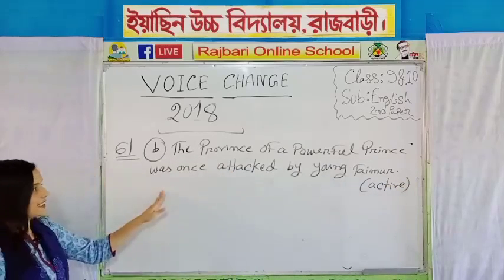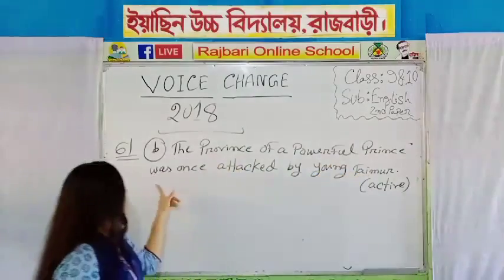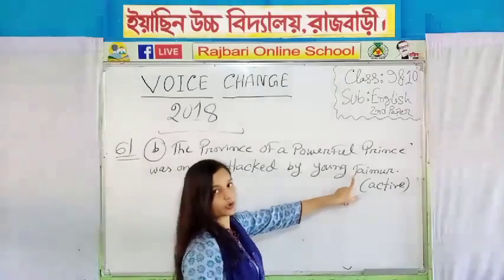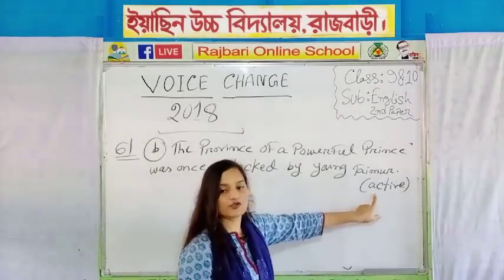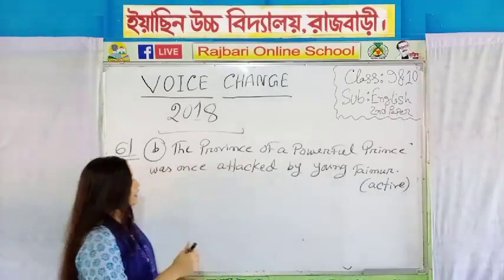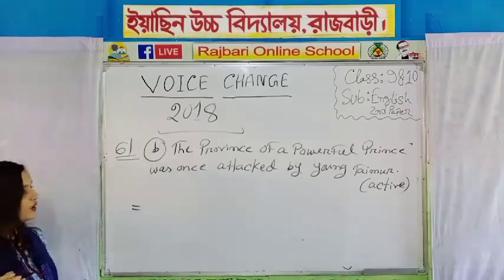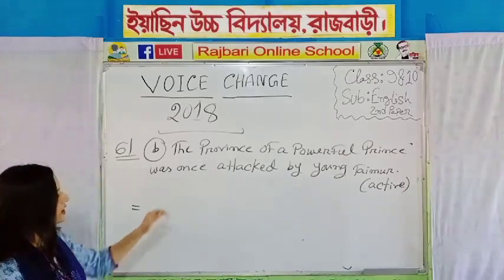Now, this sentence, the province of a powerful prince was once attacked by young Toimur, is in passive voice. You have to transfer it into active voice. Now how to do it? At first, we will identify the subject here. What is the subject here?